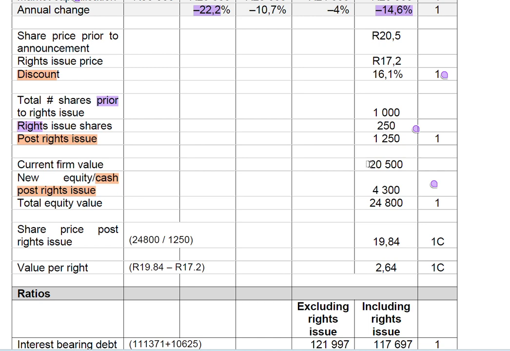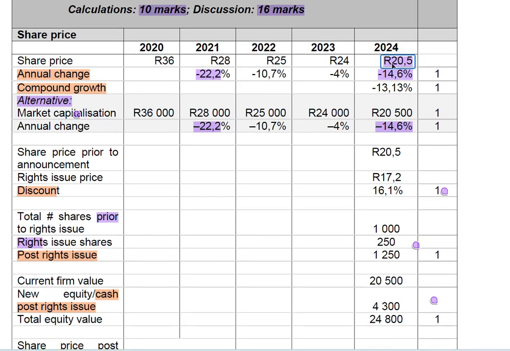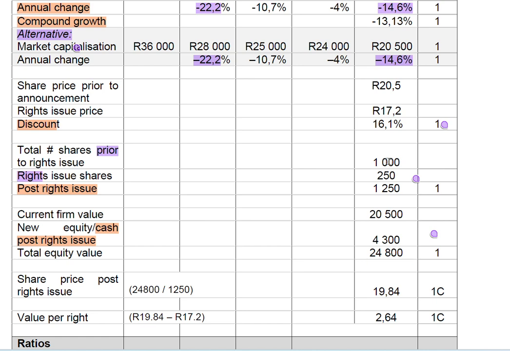So now you know the current firm value is 20,500, which is this share price times this. Now, how do I get the cash post right issue?